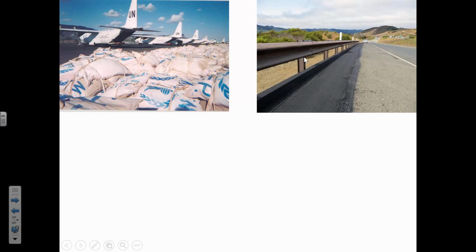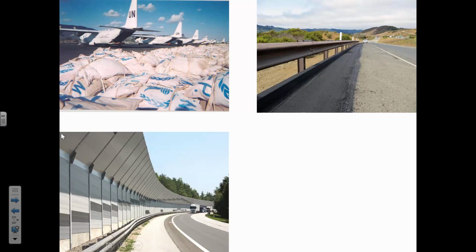But the point is if you're going to maximize revenue, then something like safety may not be a top priority. It's only when you have other goals like helping people in need, or preventing injuries and accidents, other goals like limiting noise exposure to neighborhoods that are adjacent to highways.